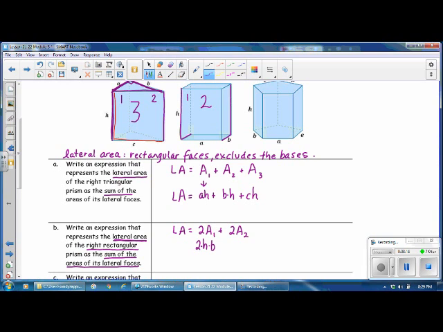So 2 times the height times B plus 2 of rectangle 2, and the dimensions of rectangle 2 are A times the height. So 2 times A times the height. And that's going to give us the lateral area of the right rectangular prism.